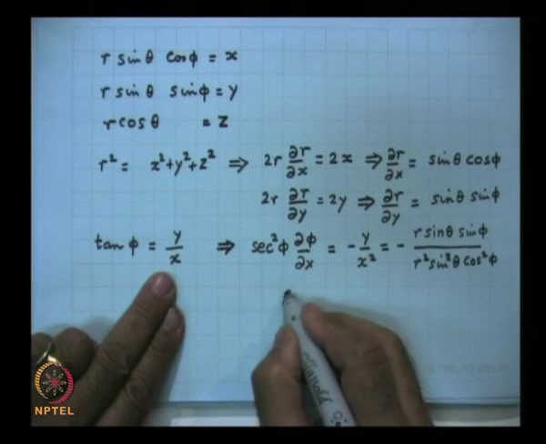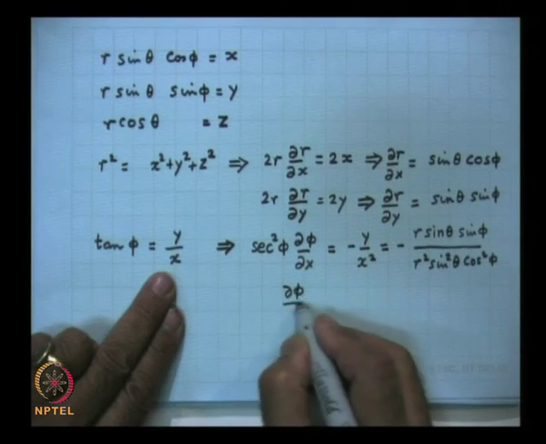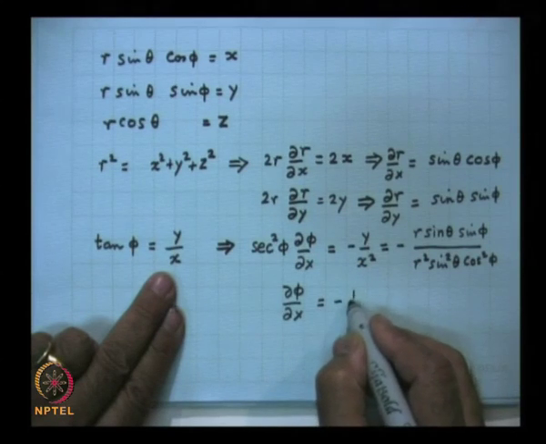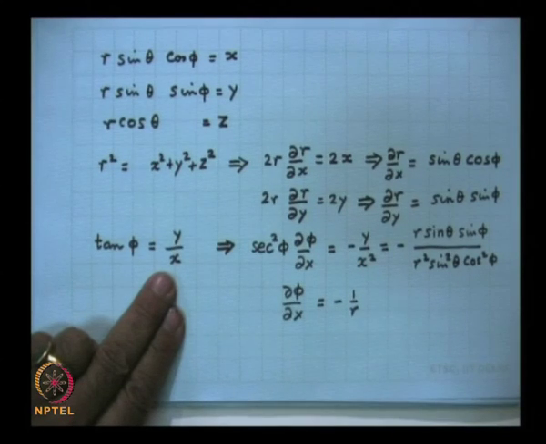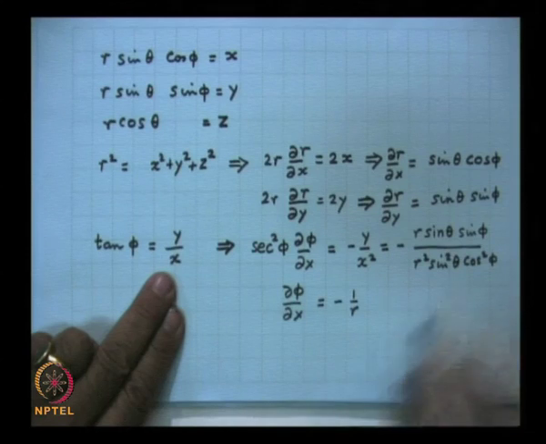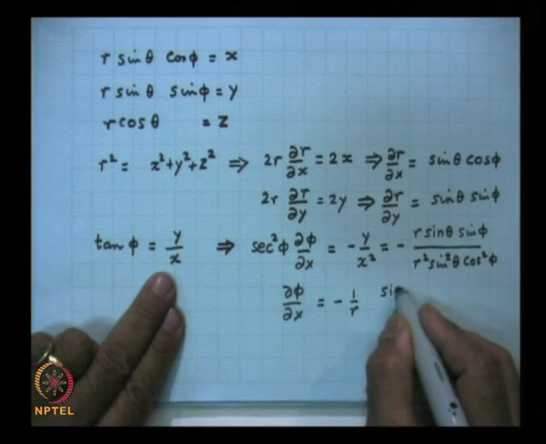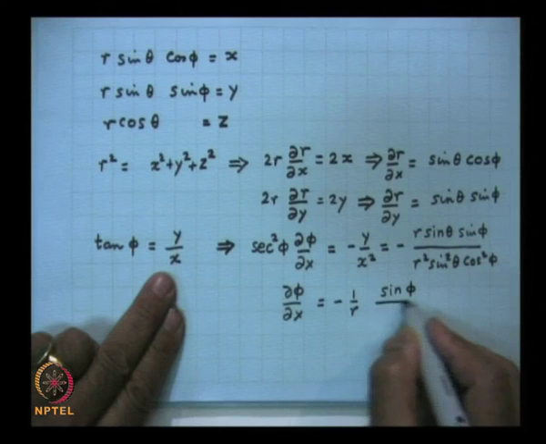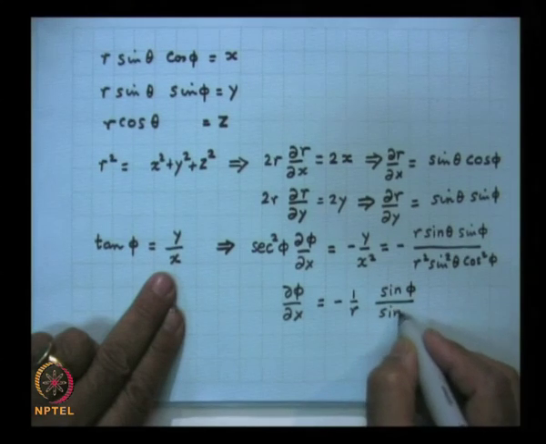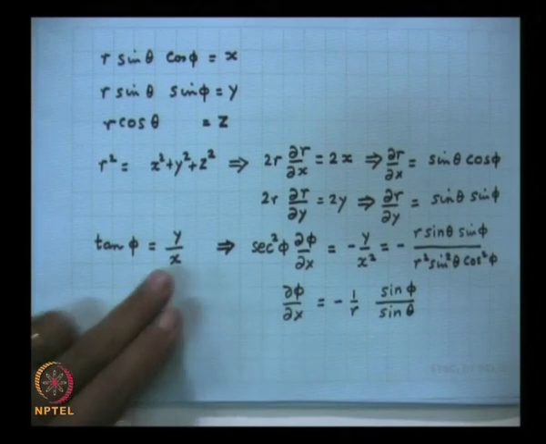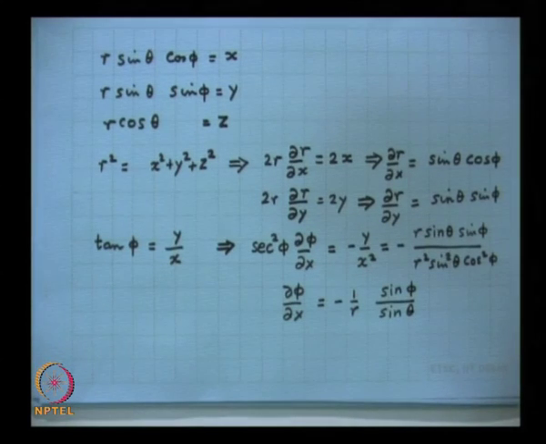So, I obtain delta phi by delta x equal to minus 1 over r, sin phi over sin theta, because one sin theta cancels out of sin square theta. So, this is one result.